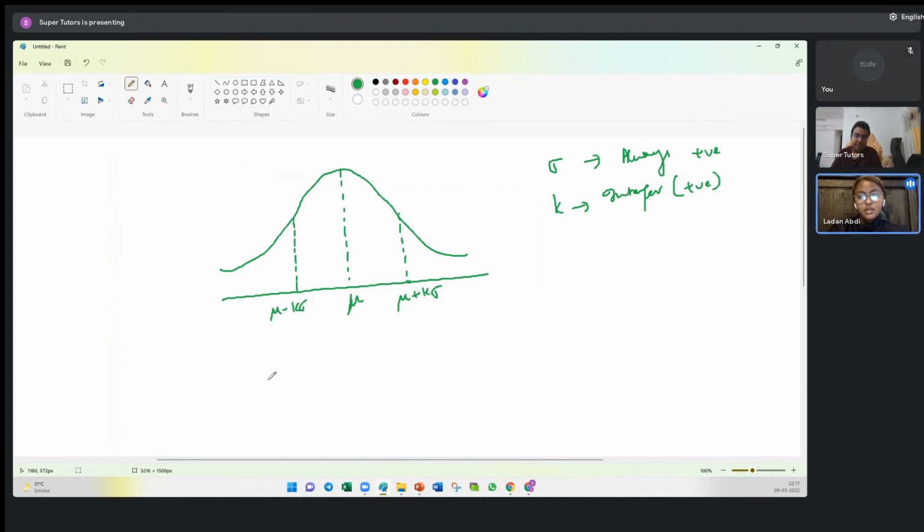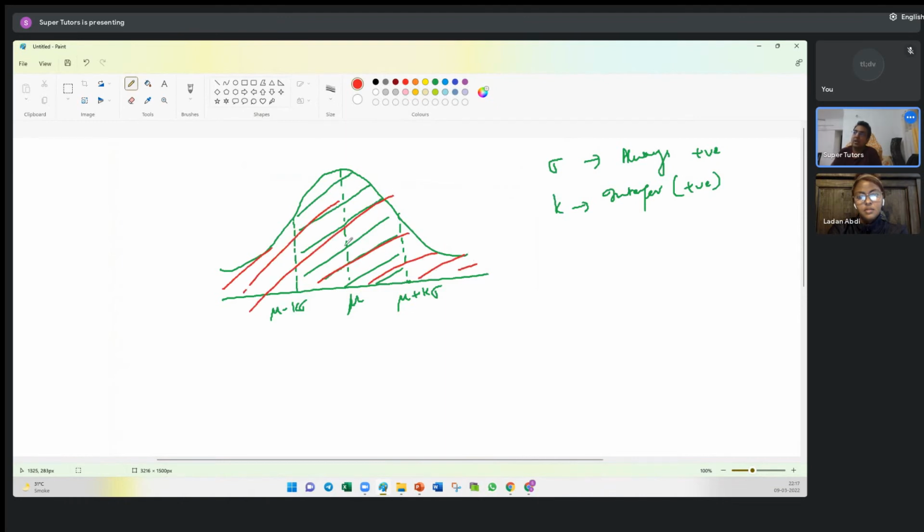So all Chebyshev did in his entire life was to find what percentage this green area is of the total red area, the total area under the curve. What is the percentage of that green in the total red? Does that make sense?